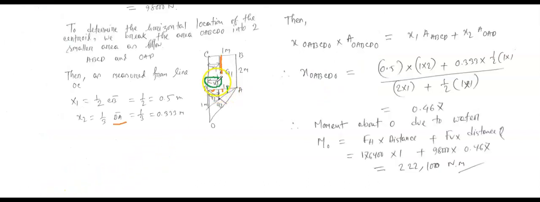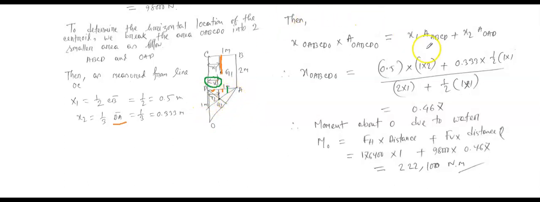So let's calculate the x for this whole domain OABC. So what we can do is we can use this formula. This centroid times the area of this whole domain will be equal to the centroid and the corresponding area of the rectangle plus x2 times the area of the triangle.